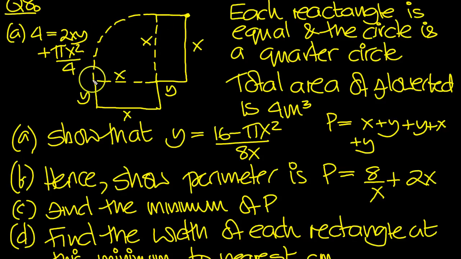Divide that by 4 and it is pi r over 2, so it's plus pi x over 2, and then this distance here, y at the end.